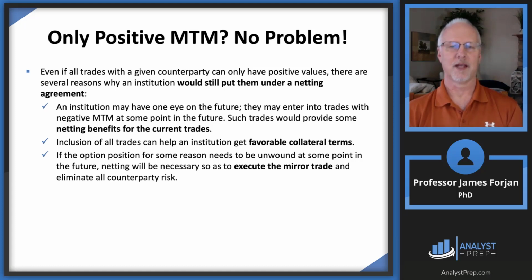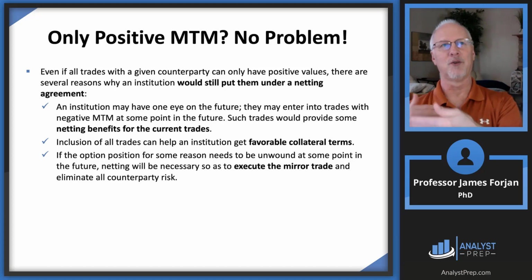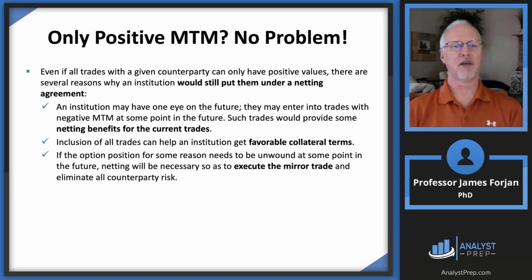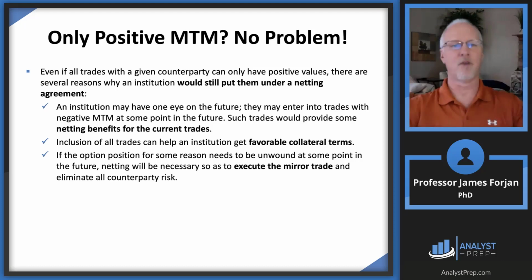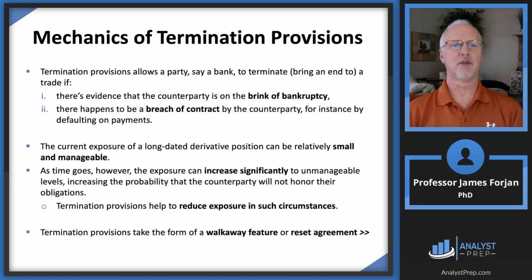And then the first one I think is the least compelling, but this is all part of the risk management strategies, is that you know that sooner or later you're going to have a negative mark-to-market at some point in the future. And so you have all these positive mark-to-market, and then what you might want to do is agree to net, assuming that you're going to get a negative mark-to-market at some time in the future, so that it would actually offset. You wouldn't have all positive, you would have some negatives in there.